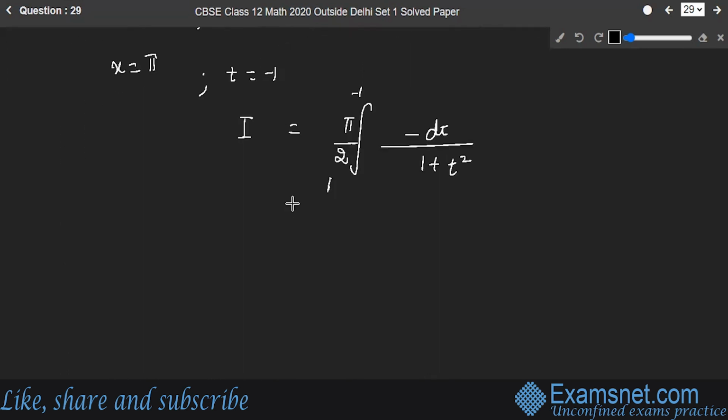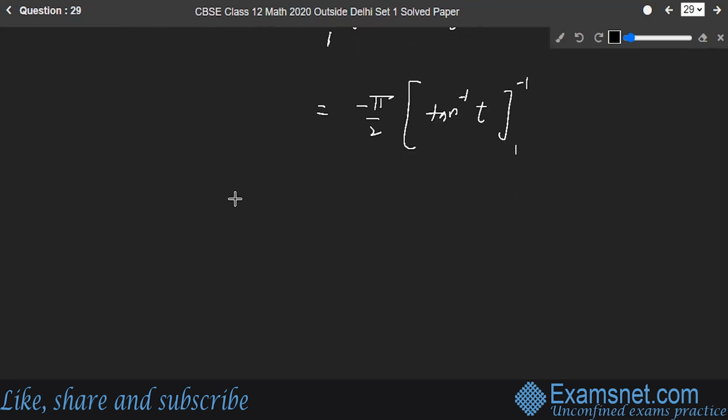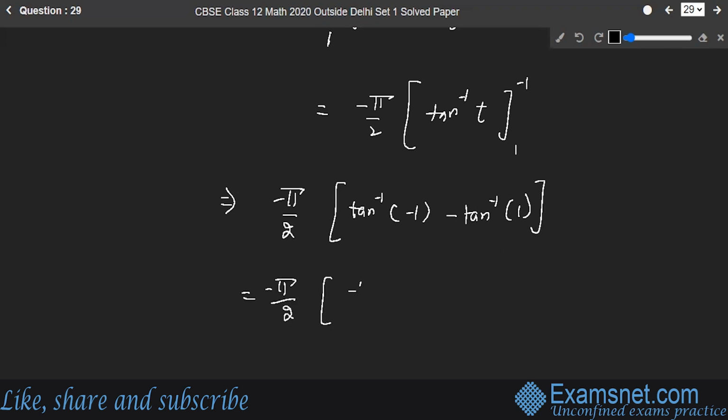That's it. So now this is minus pi by 2 times the formula for tangent inverse of t, limits from 1 to minus 1. So this is equal to minus pi by 2 times tangent inverse of minus 1 minus tangent inverse of 1, which is minus pi by 2 times minus pi by 4 minus pi by 4, which is equal to minus pi by 2 into minus pi by 2.